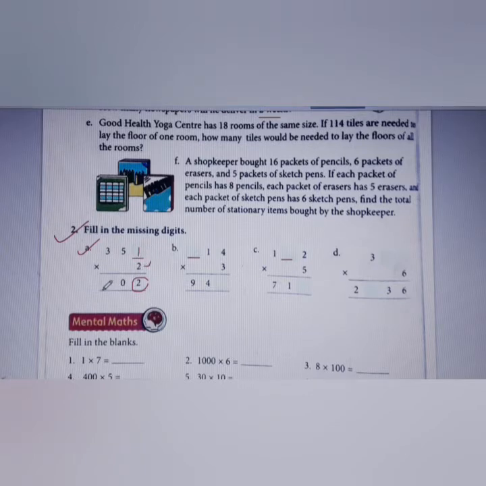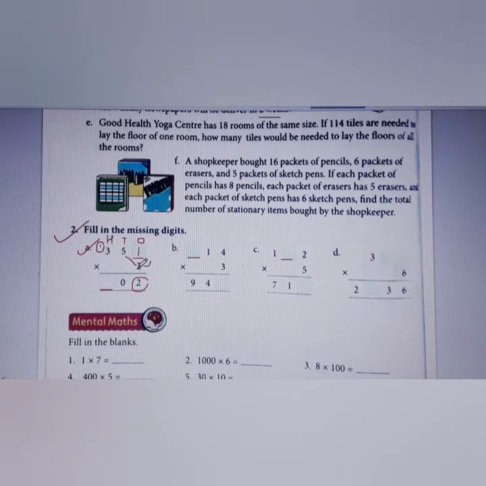Then there is one more missing place, children, in hundreds place. So let's see. You know that after ones we multiply the tens place. 2 fives are what? 10, right? 2 fives are 10. So children, 10 means 1 we will carry over to hundreds place and 0 is written in tens place.